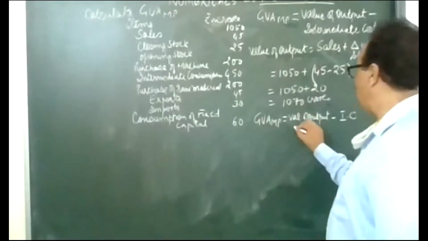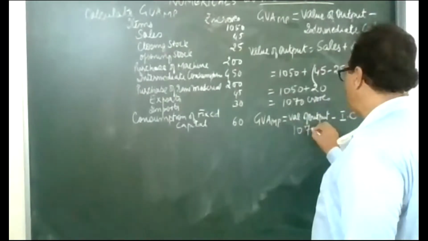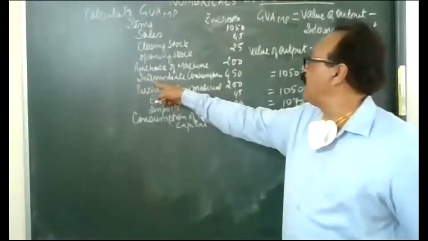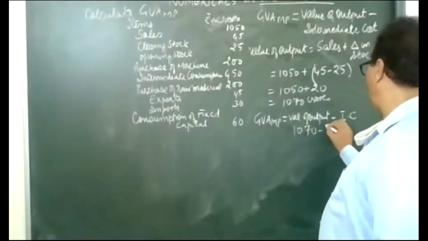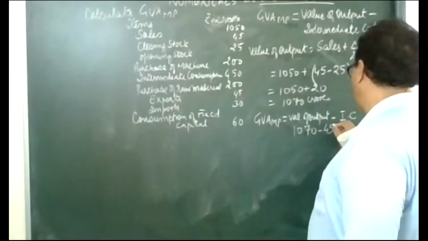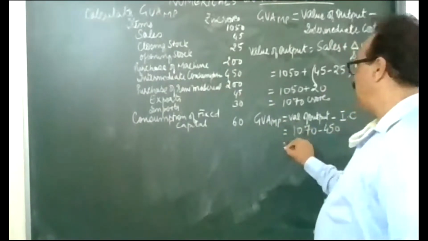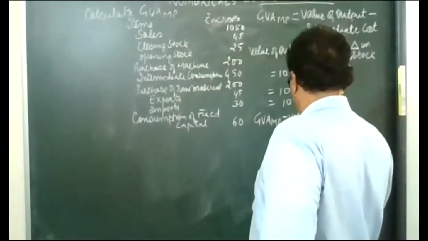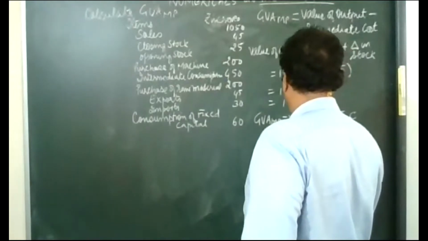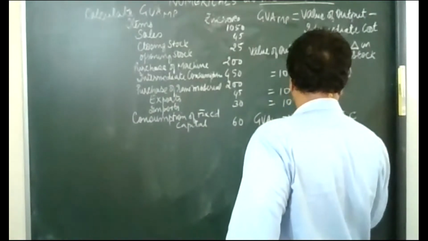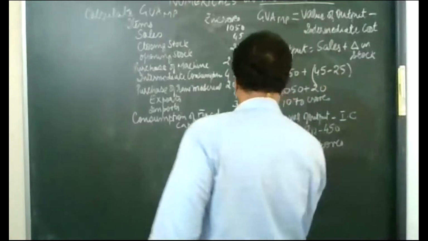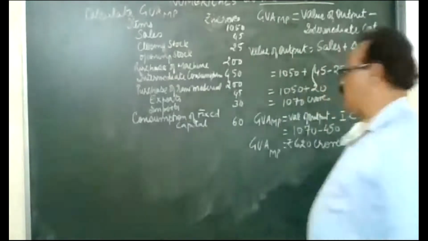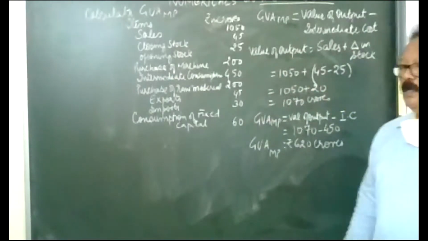Value of output I have calculated as 1070, minus intermediate consumption, which is given as 450. That gives you how much? So the gross value added at market price is equal to 620.